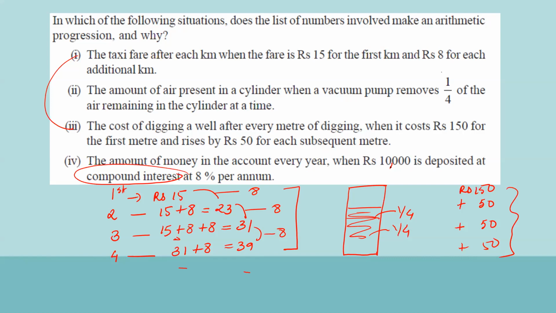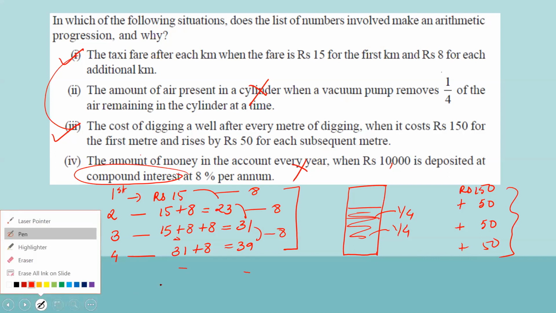So it's 10,800. Now for the next year, your amount will be 10,800 and not 10,000 itself. So 8% of 10,800 would be added at the end of the second year. So compound interest never forms an AP. Simple interest forms an AP, right? So the first and the third one is an AP. The second one is not an AP, and compound interest is also not an AP, right?